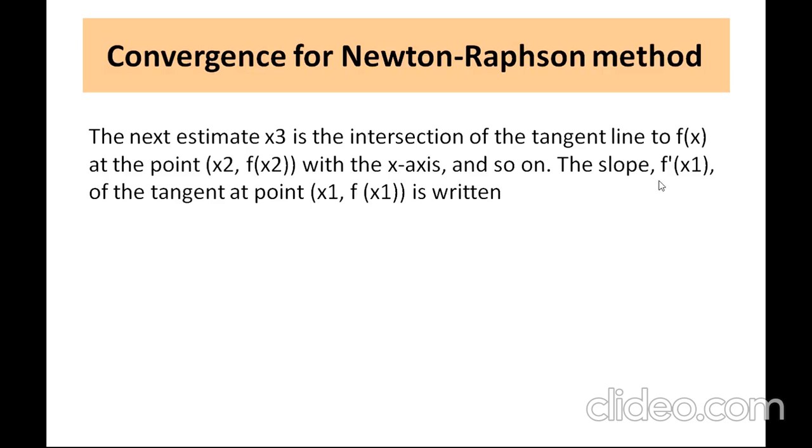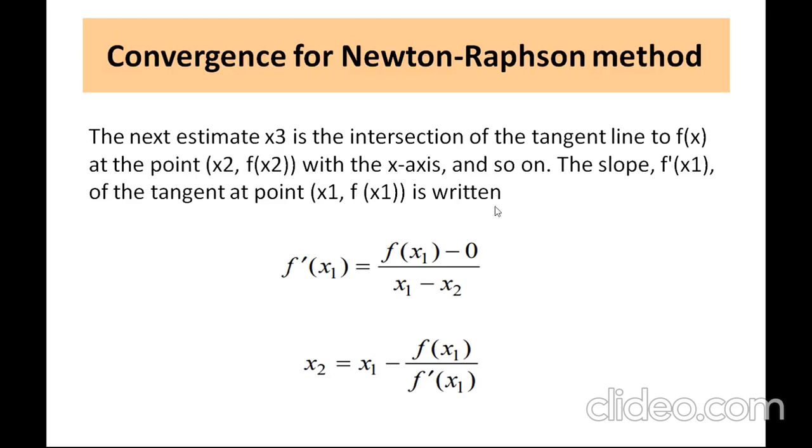The slope f dash of x1 of the tangent at the point x1 comma f of x1 can be written as f dash of x1 is equal to f of x1 minus 0 upon x1 minus x2.